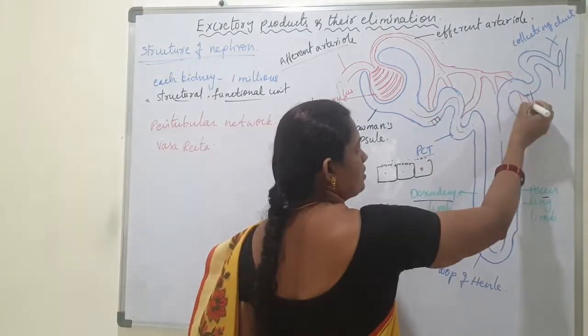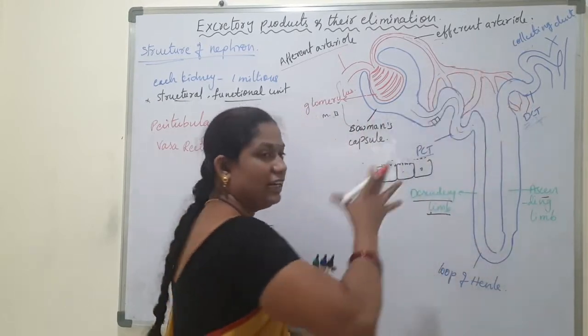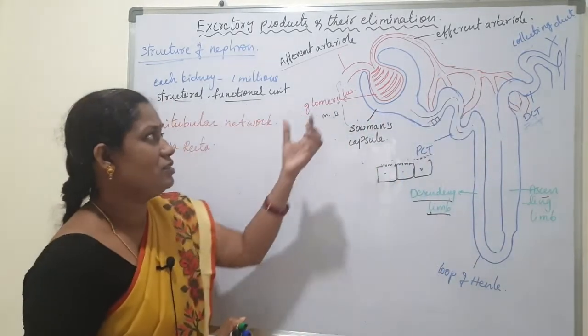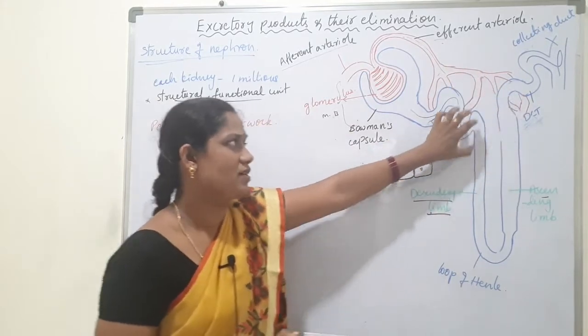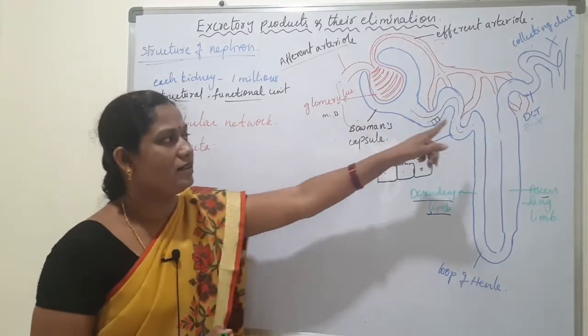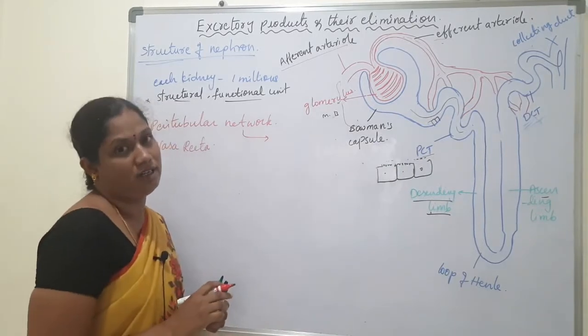It forms branches in a network manner. So the efferent arteriole divides into many branches, and these branches cover the PCT and DCT. They are called the peritubular network.